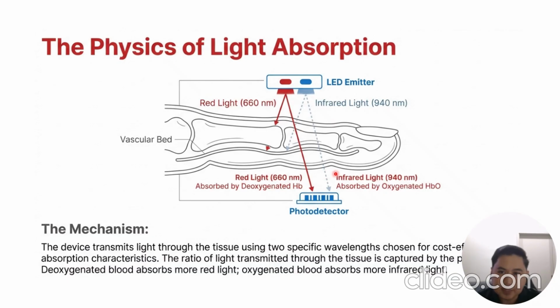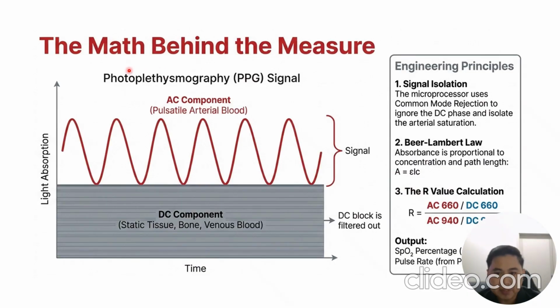The physics here is that deoxygenated hemoglobin absorbs more red light, while oxygenated hemoglobin absorbs more infrared light. A photodetector on the opposite side captures the ratio of light that passes through, which allows the device to calculate the oxygen level.